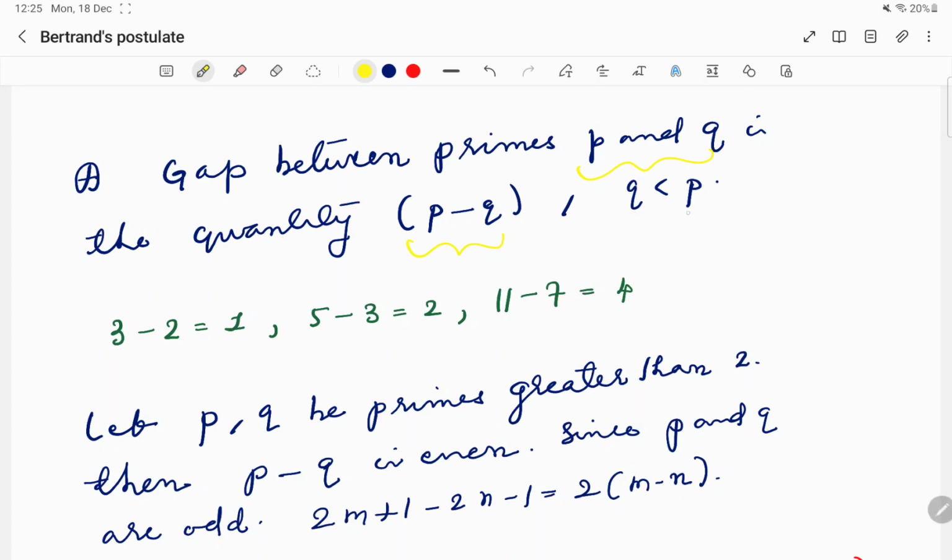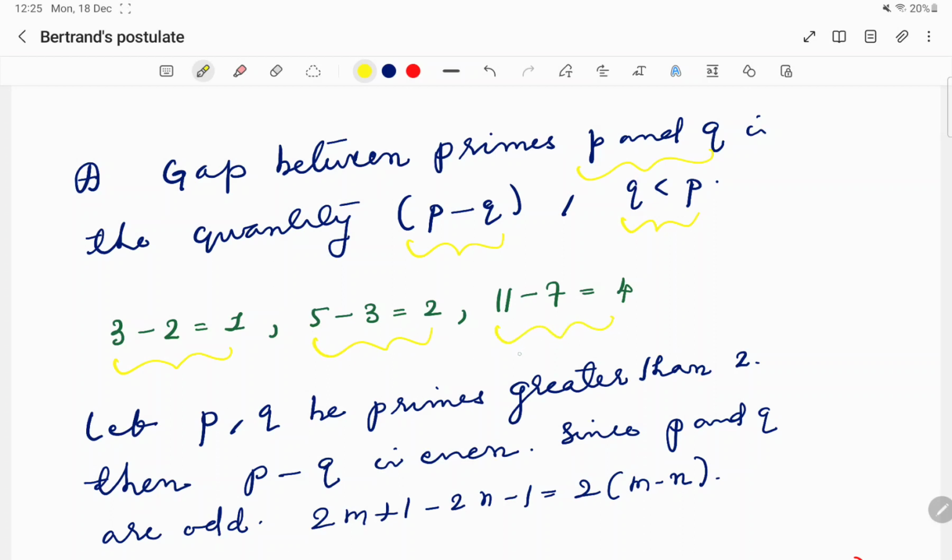Without loss of generality we assume q is less than p. So p minus q would be the prime gap between any two primes. I'm now talking about consecutive primes, right? So here we see some examples: 3 minus 2 equals 1, 5 minus 3 is 2, 11 minus 7 is 4, right?